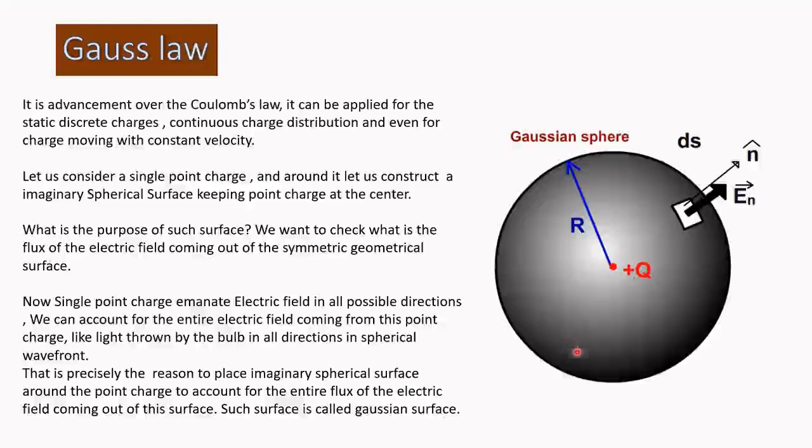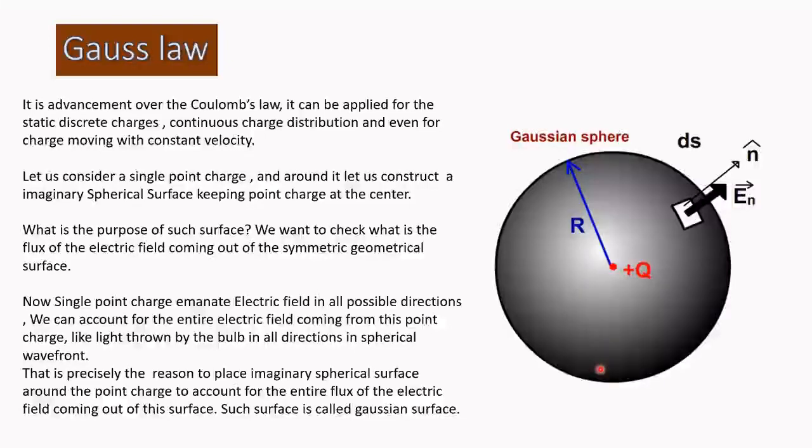Now what is the purpose of such a surface? Here we want to check what is the flux of the electric field line coming out of this symmetrical geometrical surface. Now the single point charge could emanate electric field in all possible directions, and we can account for this electric field coming from this point charge.